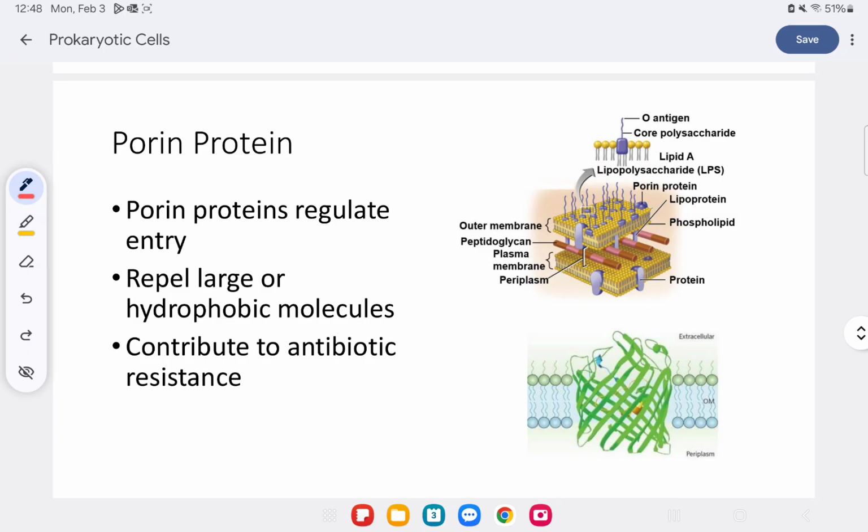But between the two of them, the lipid A, excuse me, the LPS, because it's the whole thing that takes part in this, and the porin, they repel anything that's large or hydrophobic, which turns out is a lot of drugs, dyes, antibiotics, and bile, like a bunch of stuff.